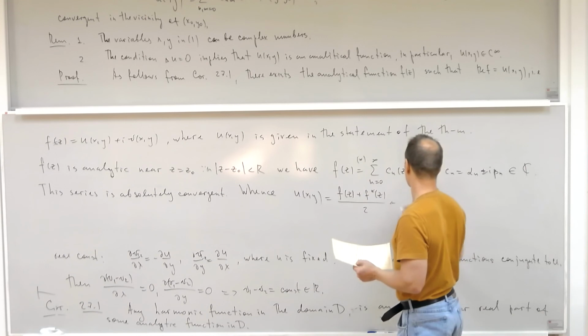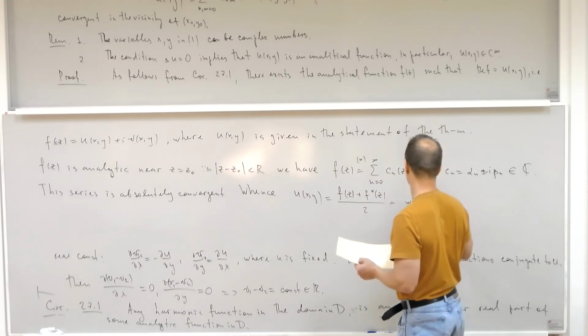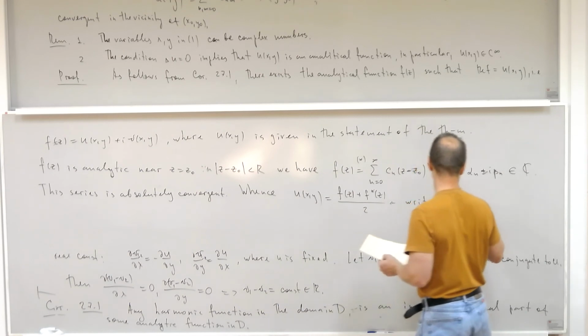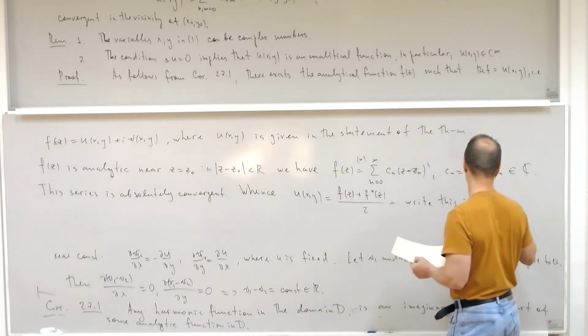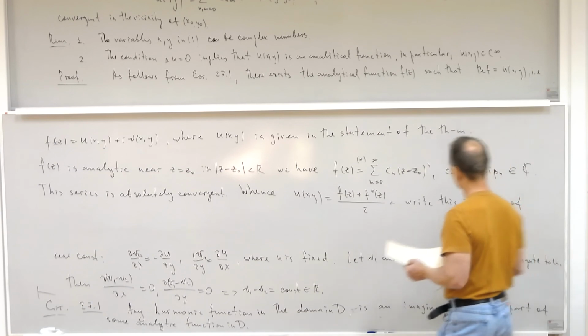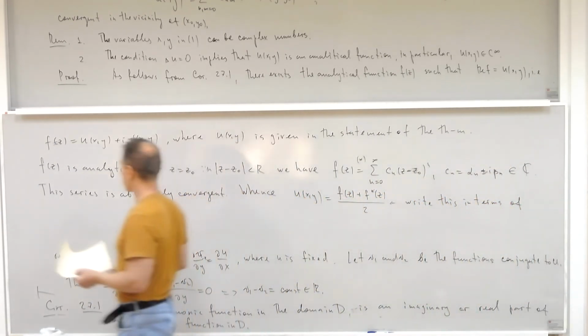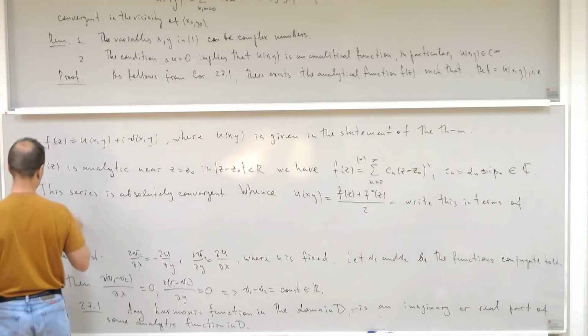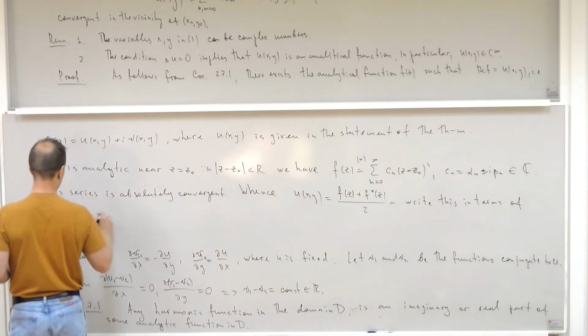Once we have this, we can express the real part of the function f of z in terms of the complex conjugate of the function f of z.